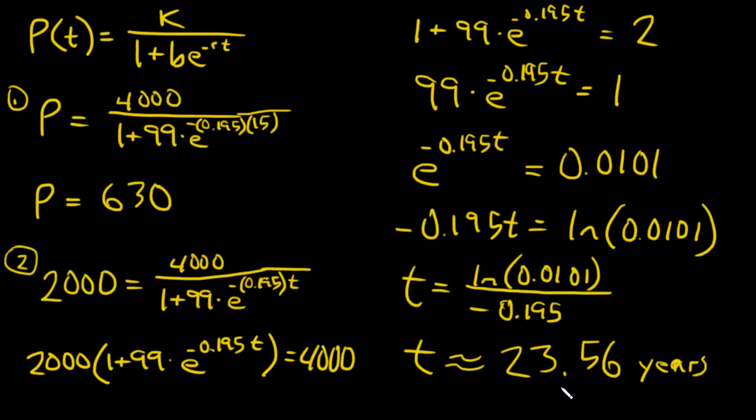And that's it. That is exactly how you work it. You can either solve for population or time once you have your B and your R. So that's it. That's how every single problem is handled.